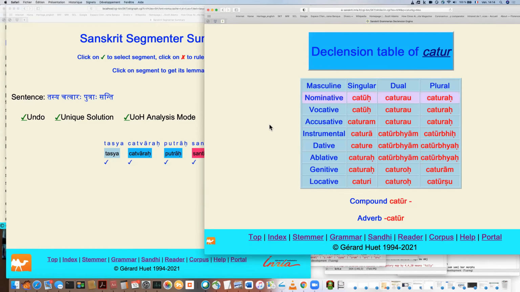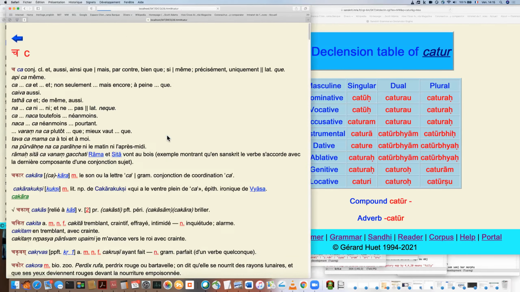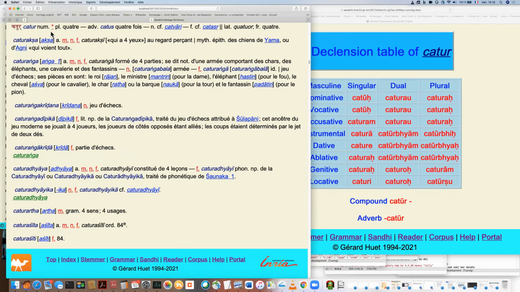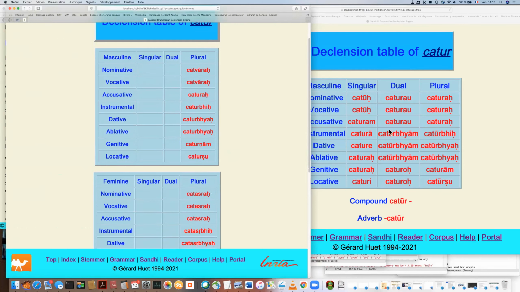This is wrong. This is plain wrong. Whereas here, if I press on Chatur, then I have this special mark, which means, oh, this is a numeral. And numerals have their own way of doing Vibhakti. And see, this Chatur is 4, so it's always in Bahuvachana. This is absurd.